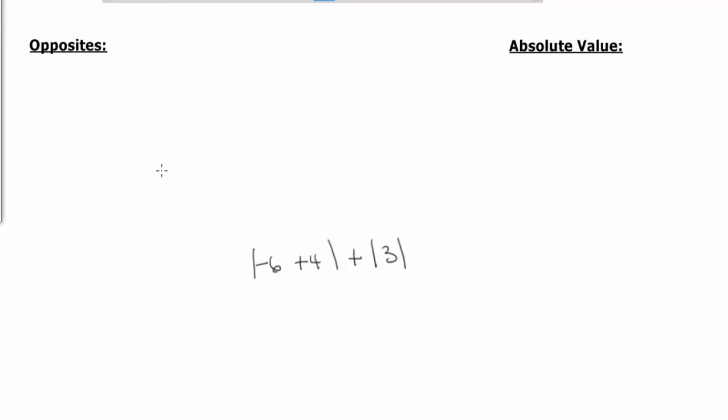Okay, let's talk about opposites and absolute value real quick. Again, this is a review, so that's why we're going quickly. Opposites are numbers that are the same distance from 0, so we're talking number line, in opposite directions. It's exactly what you think it is.